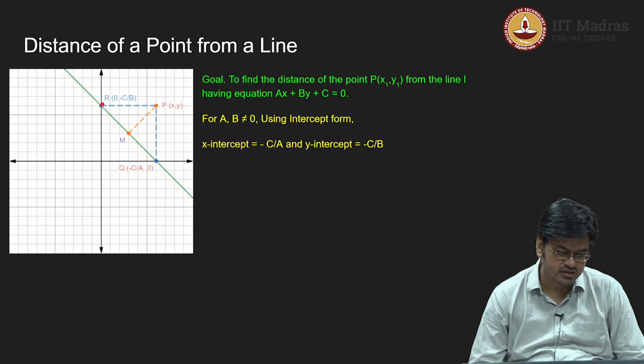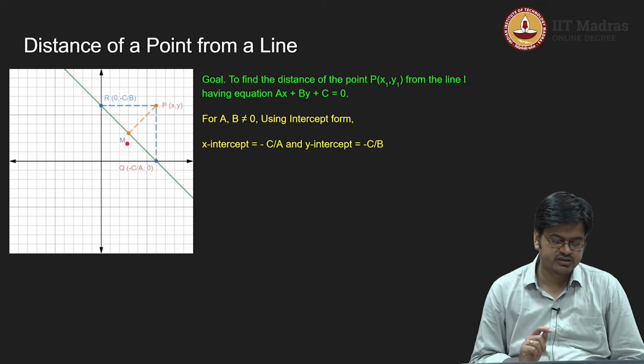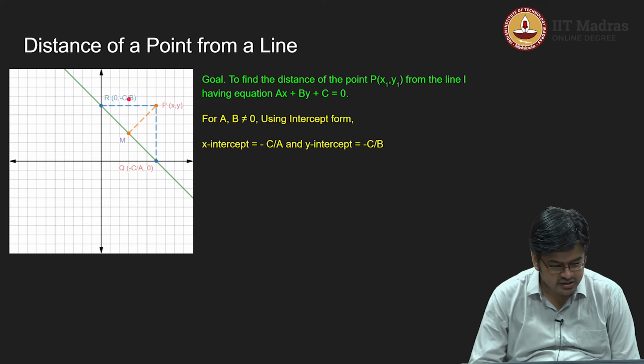If you move along this line, the shortest distance is at the point where the segment is perpendicular to the line. So, the shortest distance is the perpendicular distance. The entire question reduces to how to find this perpendicular distance PM.